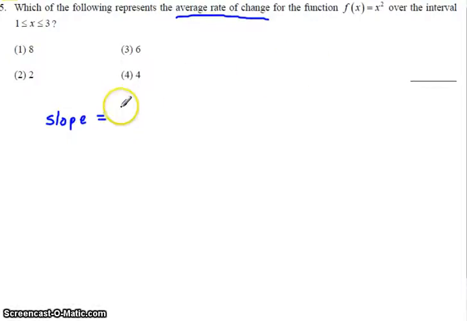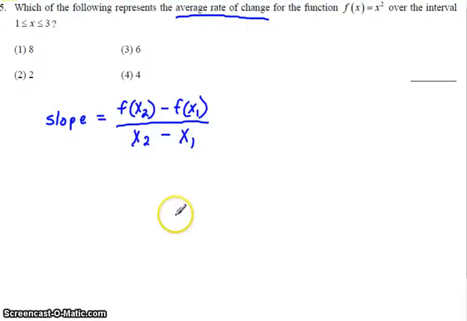And remember that f of x means the y. So I'm going to say this is f of x2 minus f of x1. Those represent the y values, over the x values, x2 minus x1. Well, I'm going to call this my x2 point, and this is my x1 point.